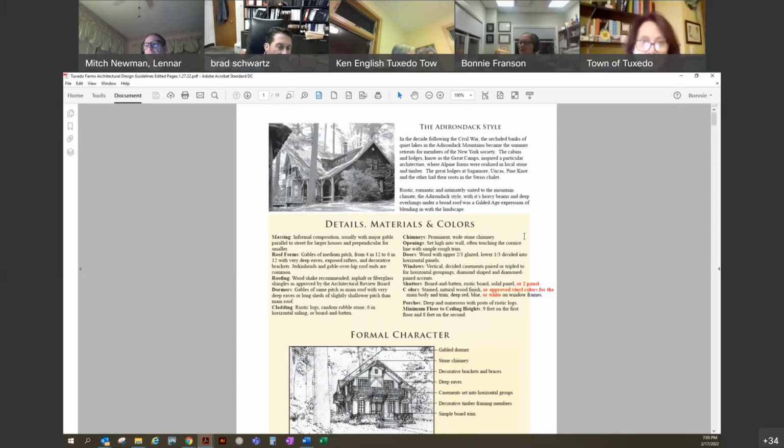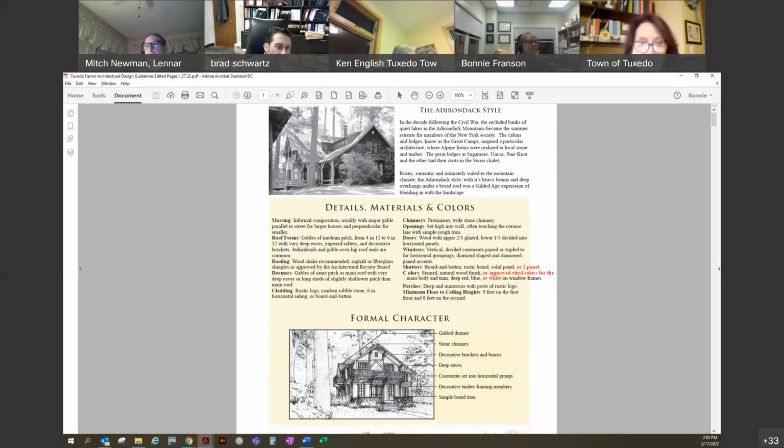So for instance, in Adirondack style, I don't think the white window frames fit, but I think the rest of it's fine. And what is the difference between a 2-panel and solid? Is it just that there's trim in between the top and bottom?